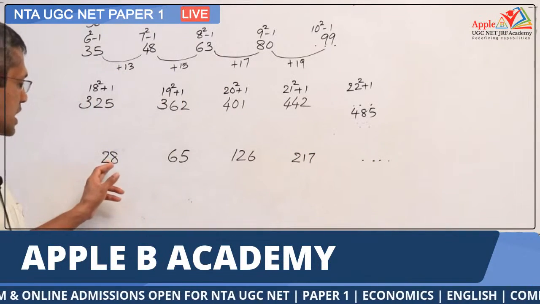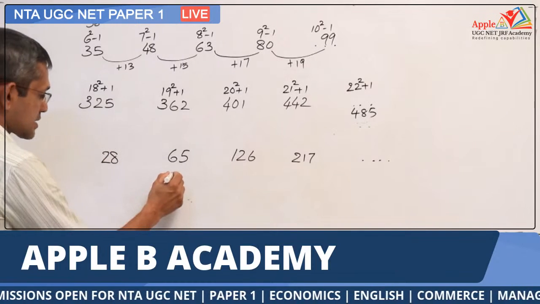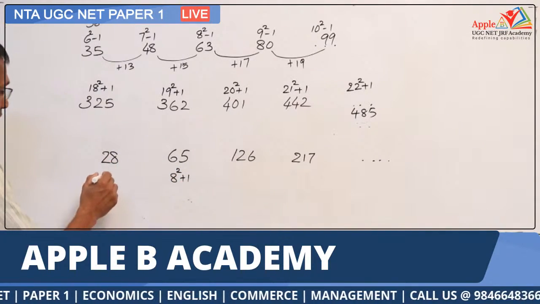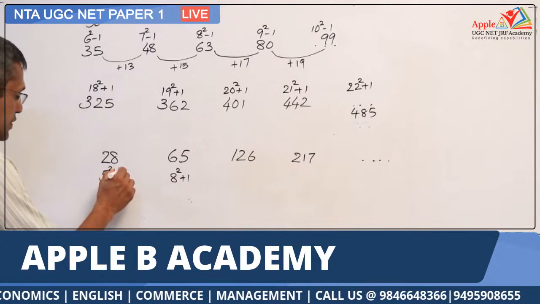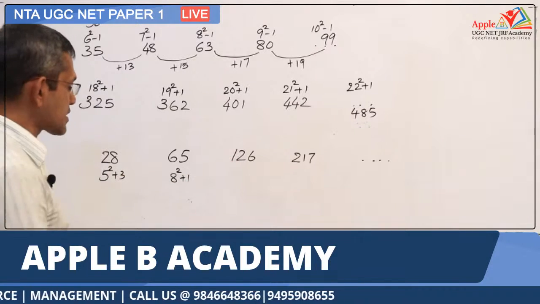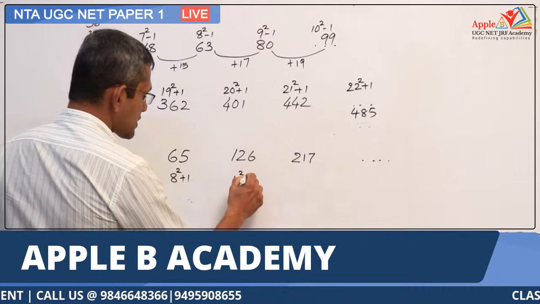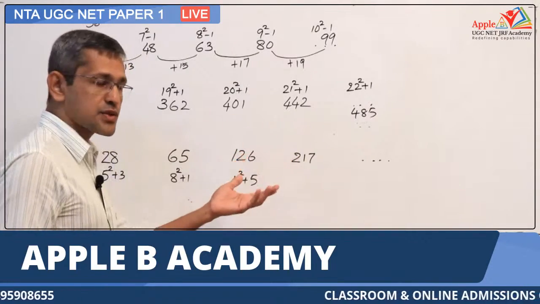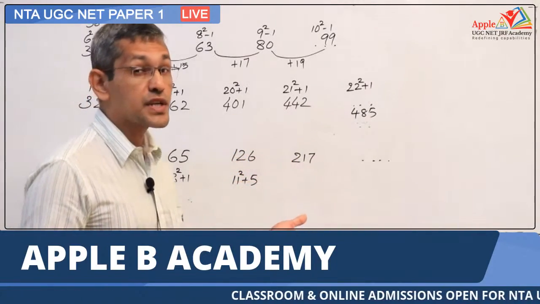Well, 28, 65. For 65, at a glance, I can see that it's 8 square plus 1. However, 28 is what? 5 square plus 3. 126 is what? 11 square is 121, plus 5. 217, the nearest square is 225. 225 is 15 square.